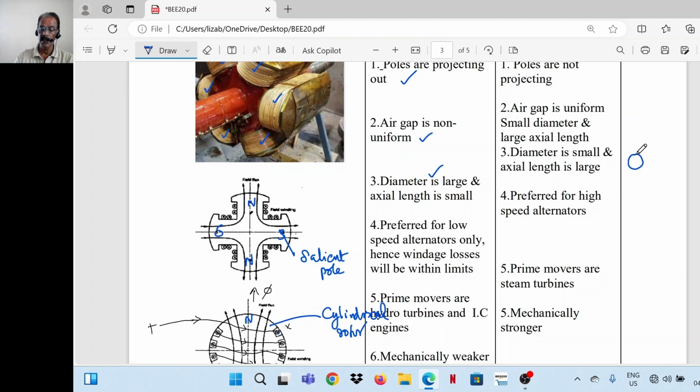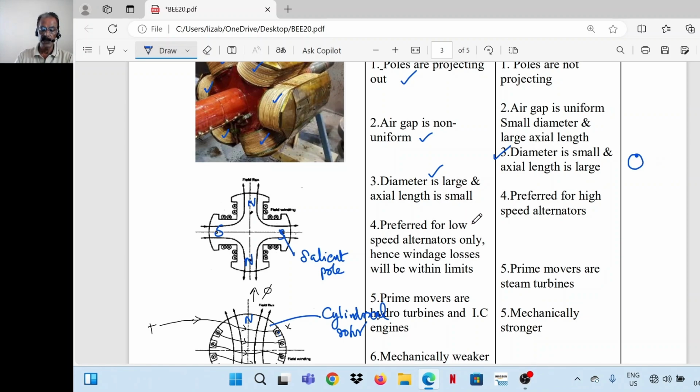To limit the peripheral velocity, the diameter is made small because it is operating at a very high speed. So for salient pole generator, diameter is large, axial length is small, whereas for cylindrical rotor machine, diameter is small and axial length is large.